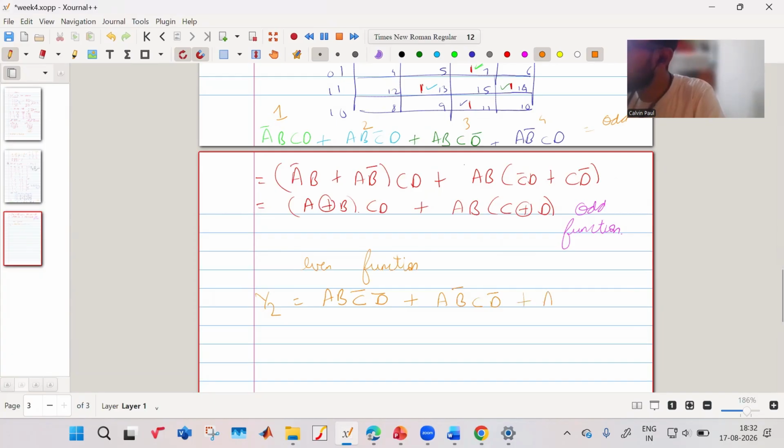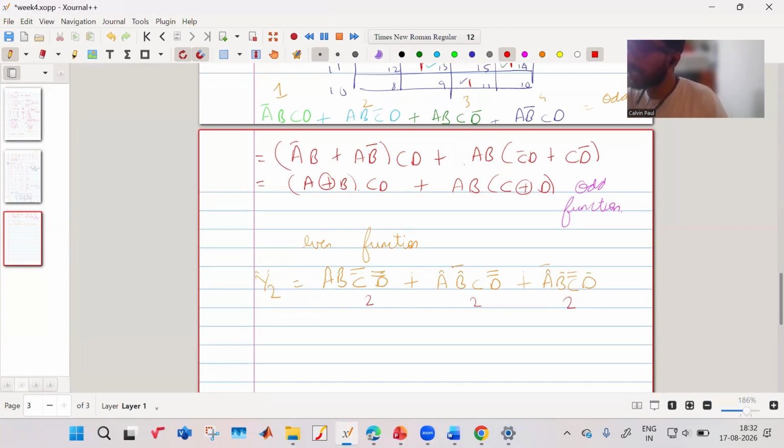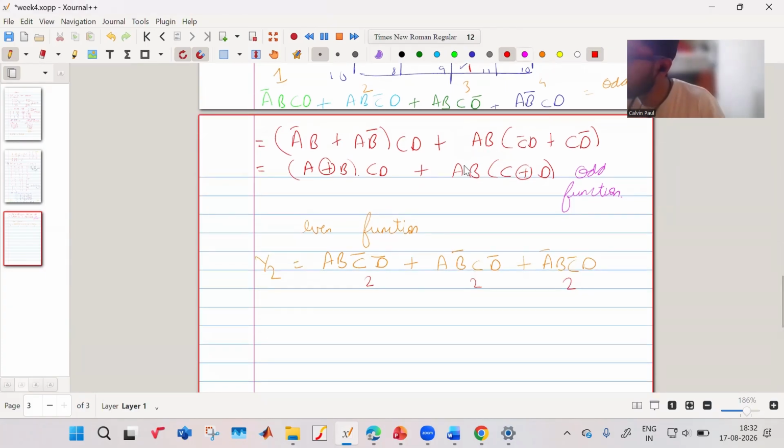It could also be A bar, B, C bar, D, and so on. If you notice over here, how many bars are there? In this case, there are 2 bars. This case also there are 2 bars. This case also there are 2 bars. So that's why this is known as an even function. This is an example of an even function. Okay.